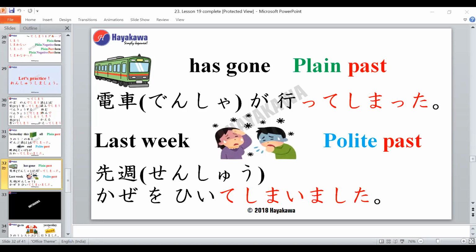Senshu kaze o hiite shimaimashita. Very good, Siddharth-san. So senshu kaze o hiite shimaimashita. Any doubts regarding these two sentences? No sensei.